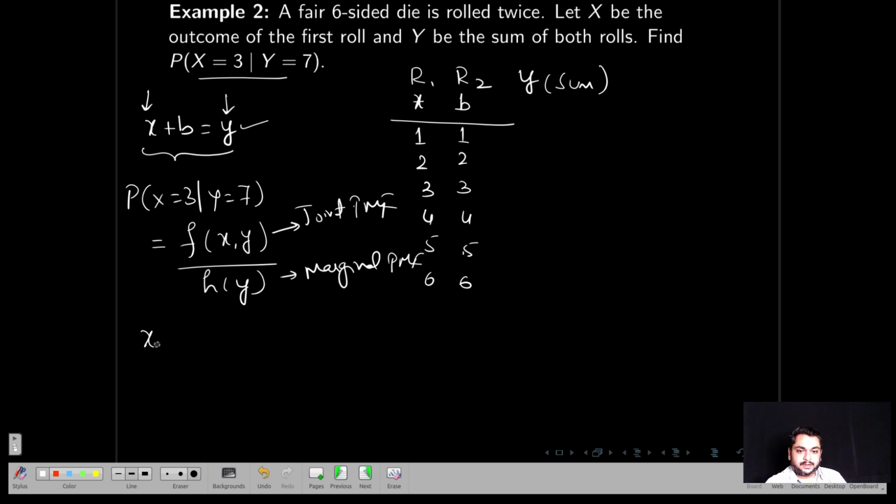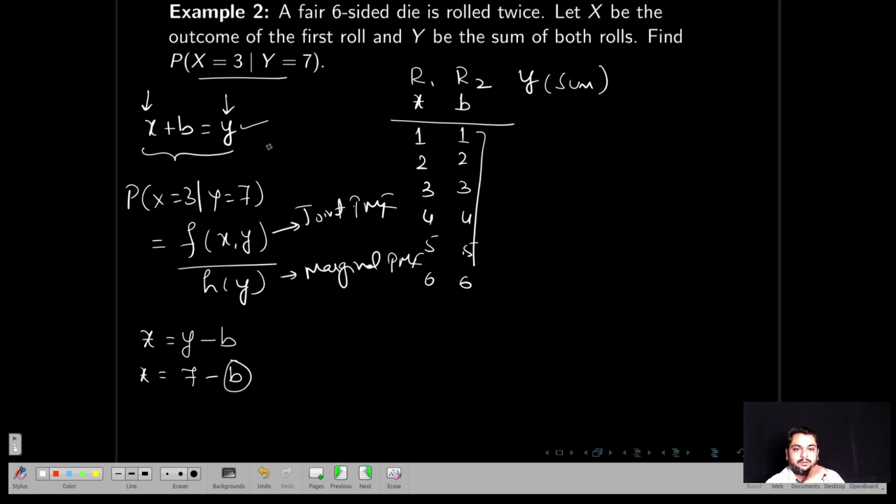I can write it as x equal to y minus b. So x is equal to 7, that is fixed, minus b. So b can take different values. This b can be any of these values for which the sum will be 7.